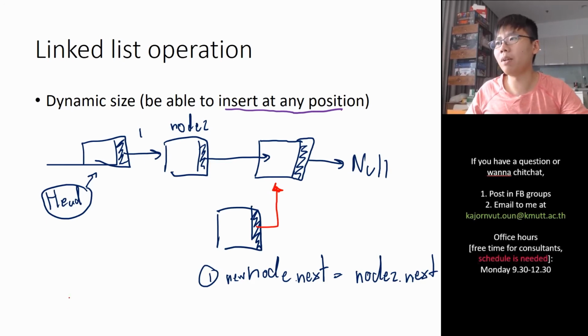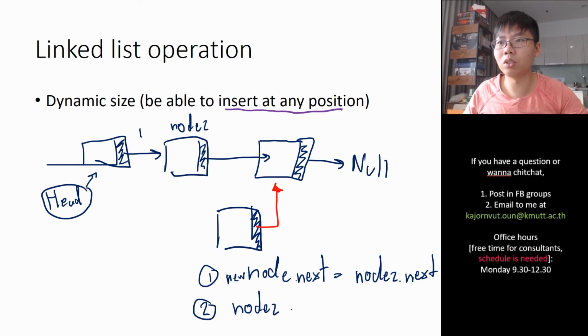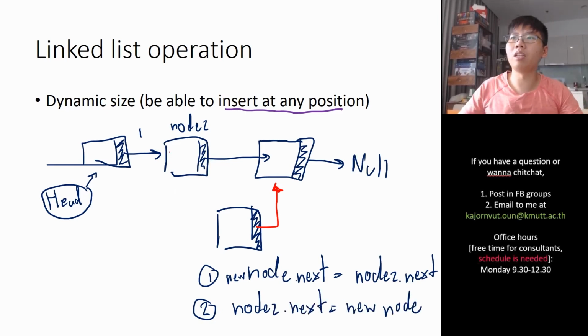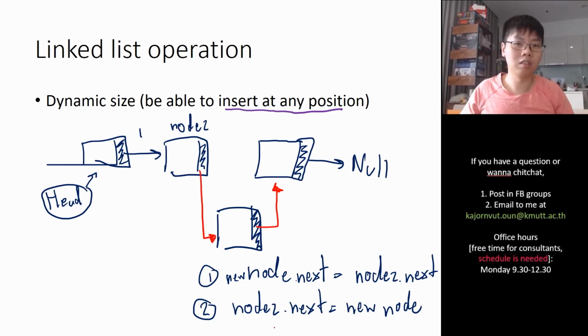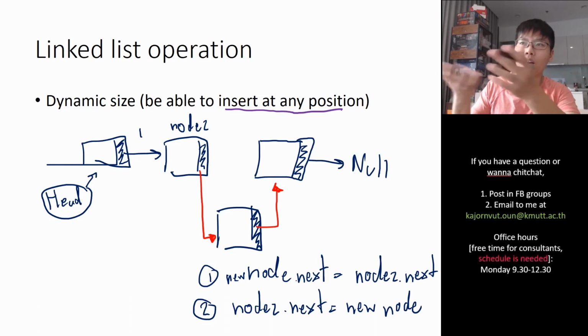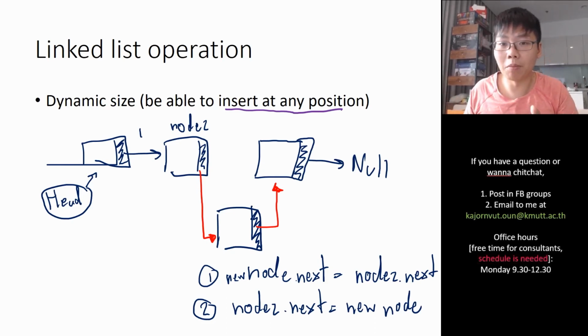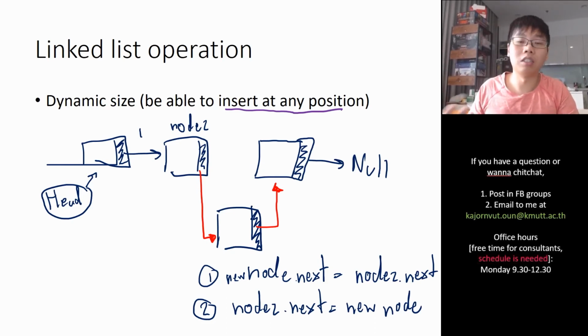And then step 2, you assign node 2 dot next equal to new node. Then it means you remove this link and point this one in. That is going to work, because by this sequence you still have everything pointing to each place in the memory, and this is going to be fine.